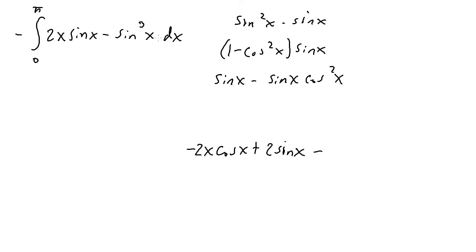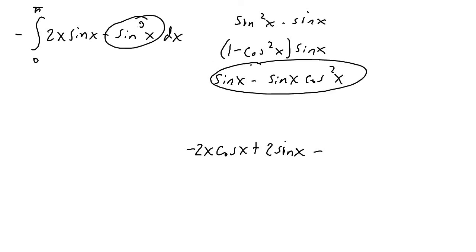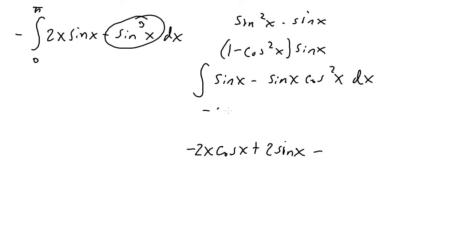So now we turn sine cubed into sine of x minus sine of x cosine squared. So if I integrate that with respect to x, the integral of sine x is just negative cosine x minus the integral of sine x cosine squared x.